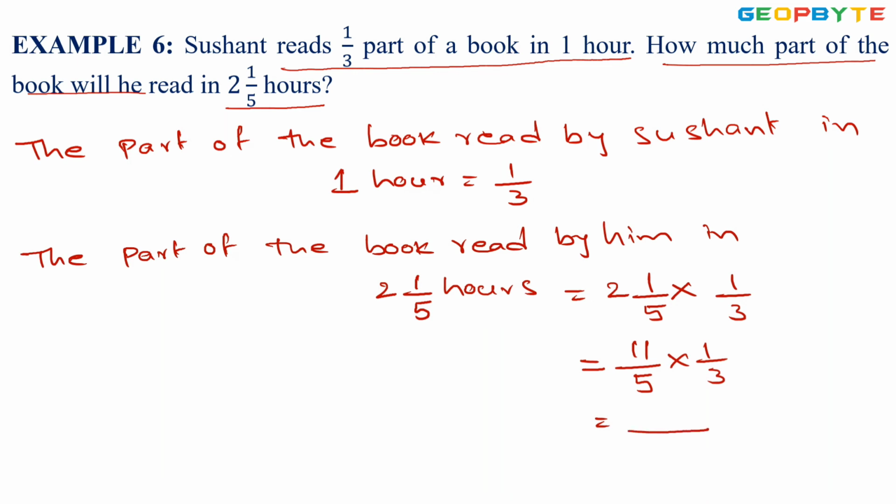First we need to perform the product of numerators, which is 1 into 1, by the product of denominators, 5 into 3, which is 15. So the part of the book read by Sushant in 1 by 5 hours is 1 by 15.